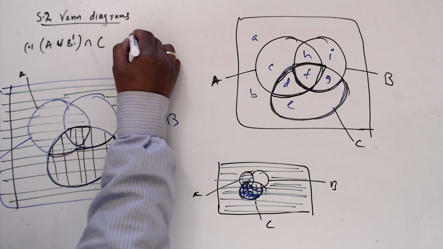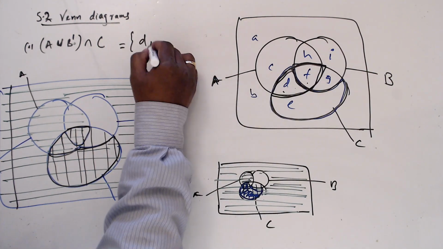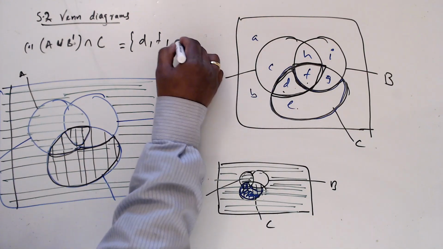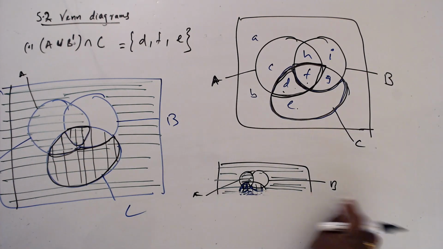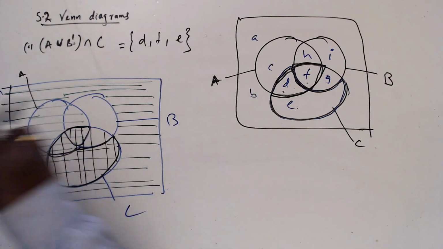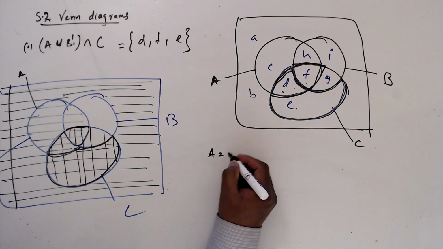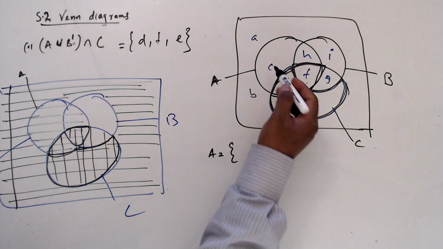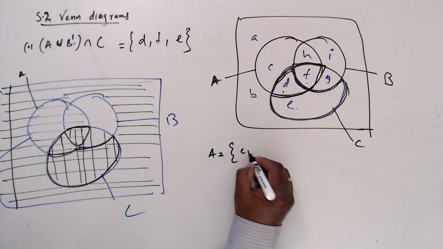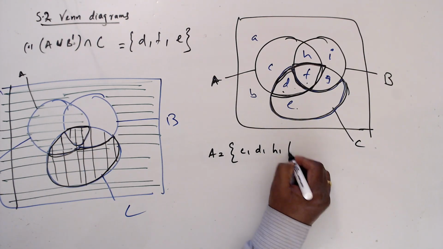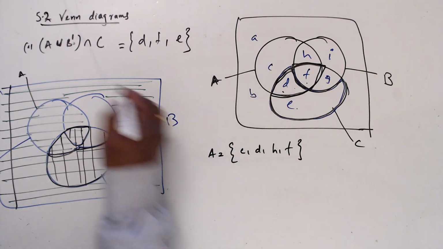Basically D, F, and E. Now we'll work differently. What is A? A is C, D, H, F. What is B dash?